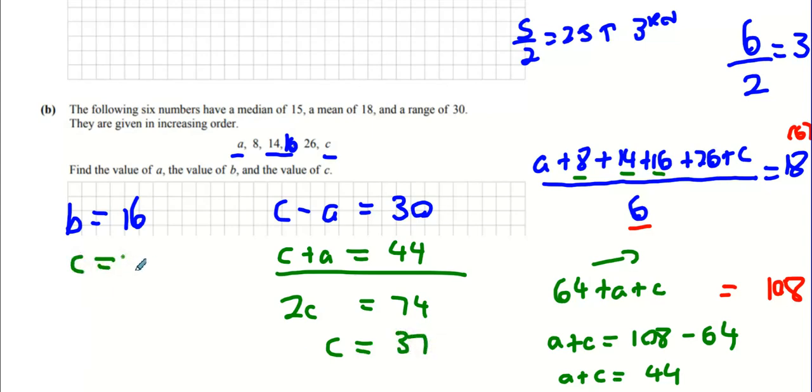So c equals 37. And if c is 37, we can see that 37 plus a is 44. This would imply that a is 7. Okay, and that is this question done in 4 minutes.